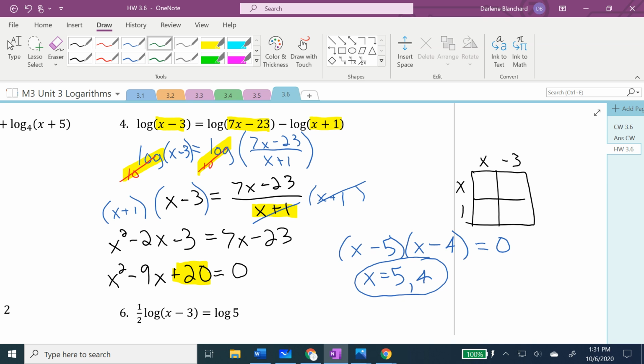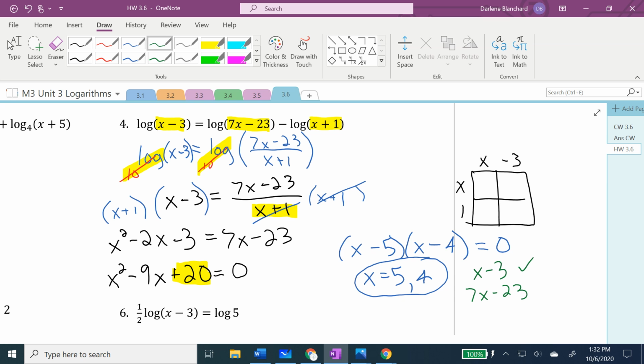Now, I don't need to know what x minus 3 is. I just need to know, is it positive for both 5 and 4? X minus 3 is positive for both, right? Check. 7x minus 23. Is that positive for both of these? Seven times 5 is 35. We're good there.